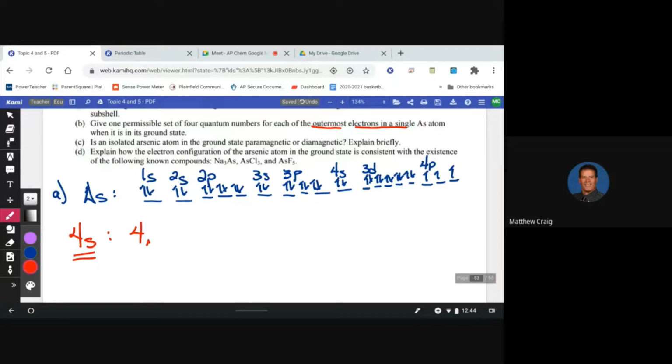The first number represents the energy level. The second number represents the orbital. And we're looking at an s orbital, so it has a quantum number of 0. Very good. Those would be commas.